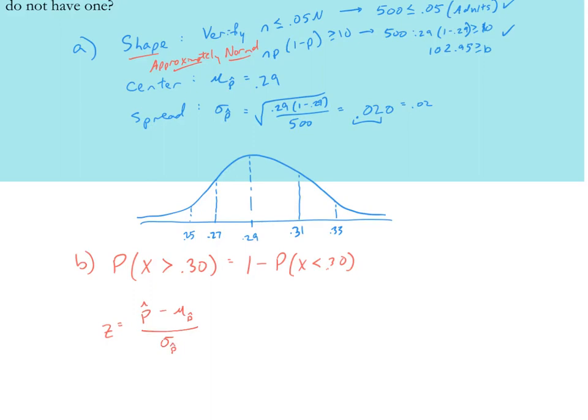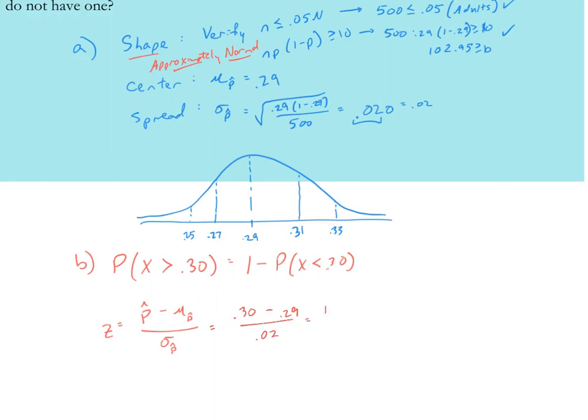So it's the same idea behind the formula. We write it specific to the things that we're talking about in this section. So p hat is the 0.30 minus mu, the mean, 0.29, over sigma, the standard deviation, 0.02.